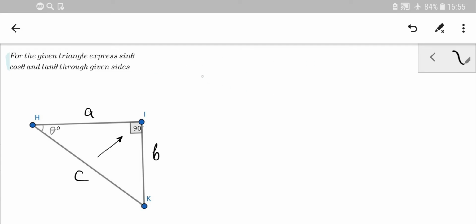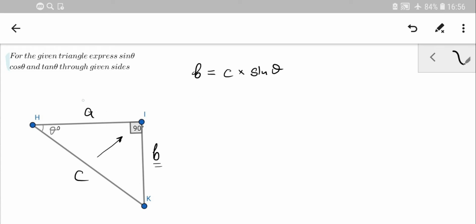Now let's go to the trigonometric ratios. First of all, just remember the basic one. We take the opposite side B, and B is equal to the hypotenuse C times sine theta. All right.